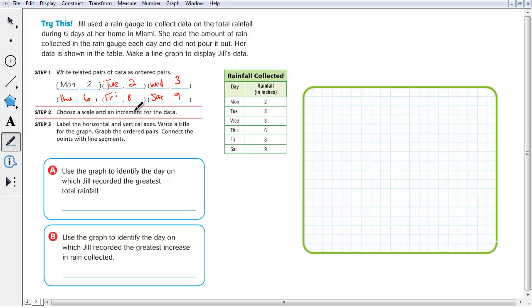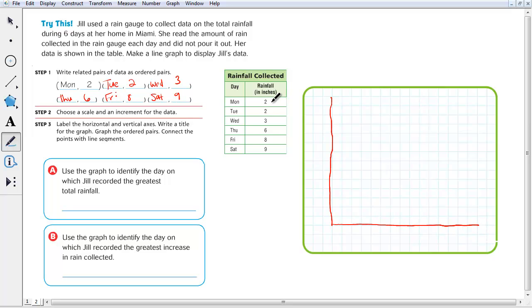Now we're going to choose a scale and an increment for the data. Well, let's go ahead and draw an X and Y axis here. And I'm going to draw as straight as I can. There's my Y axis, or my vertical axis. Here's my horizontal axis, or my X axis.